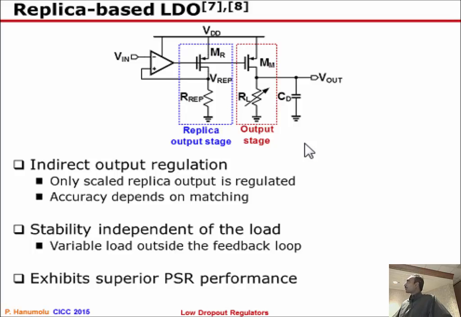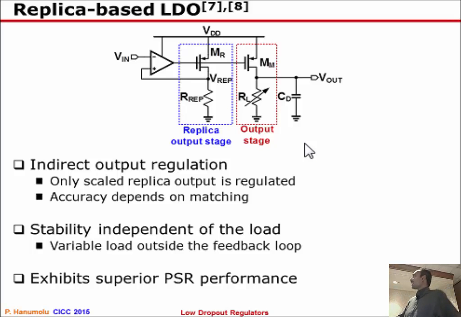Remember, when we made the output pole dominant, we ended up with very poor supply rejection because of that zero, or the peaking in the power supply rejection curve, right? So I would like to, if possible, not have that peaking. One way, as I indicated a couple of slides ago, is to make the output pole dominant, but I also pointed out that that requires massive amounts of capacitance because of the feedback.